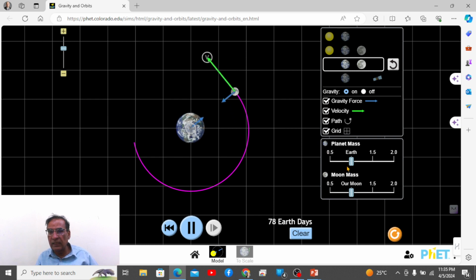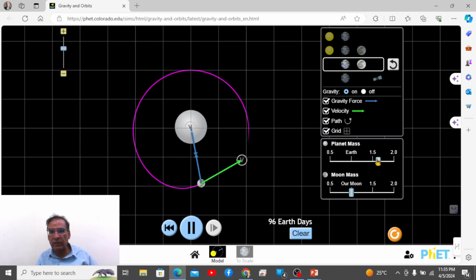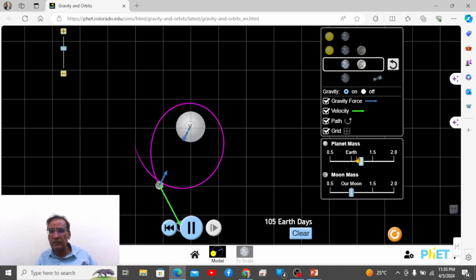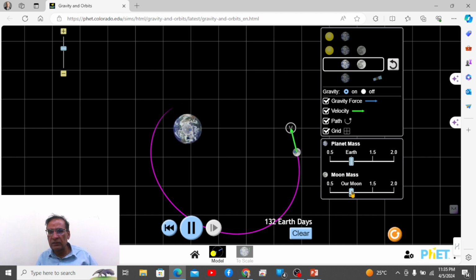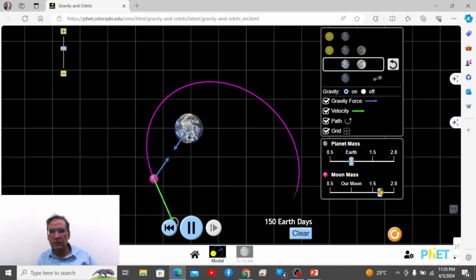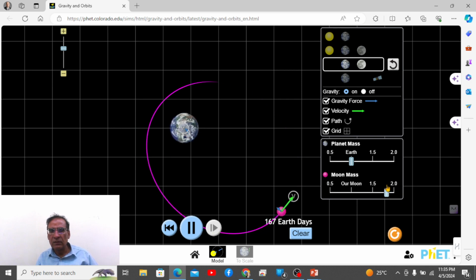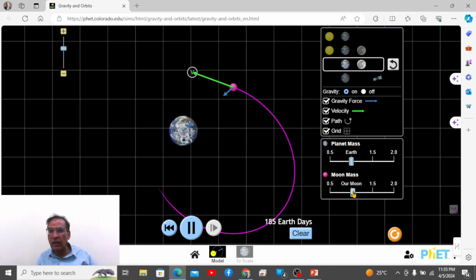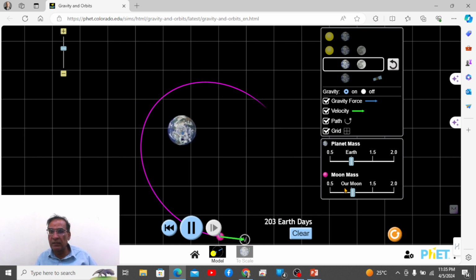Now let me check, if we change the mass of the earth, what is going to happen? Yes, its path changes. On the other hand, if we change the mass of the moon, what's the effect? Yes, it also affects its orbit. So it's the motion of the earth and the moon.